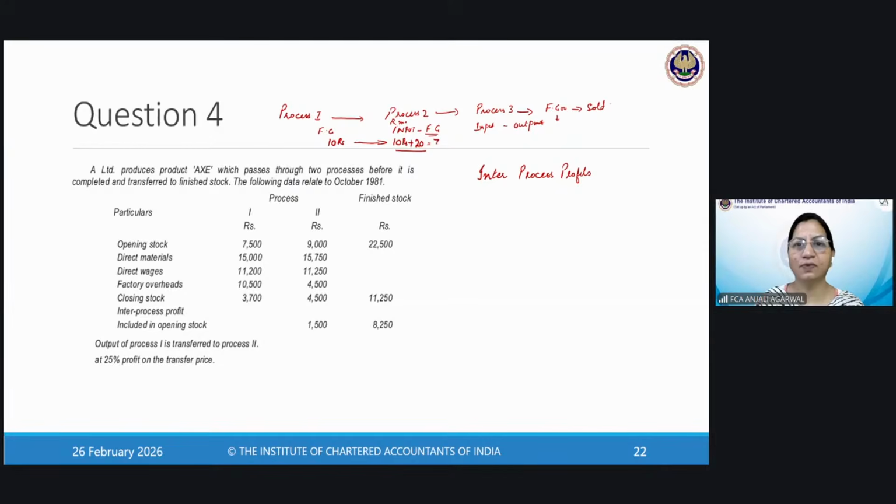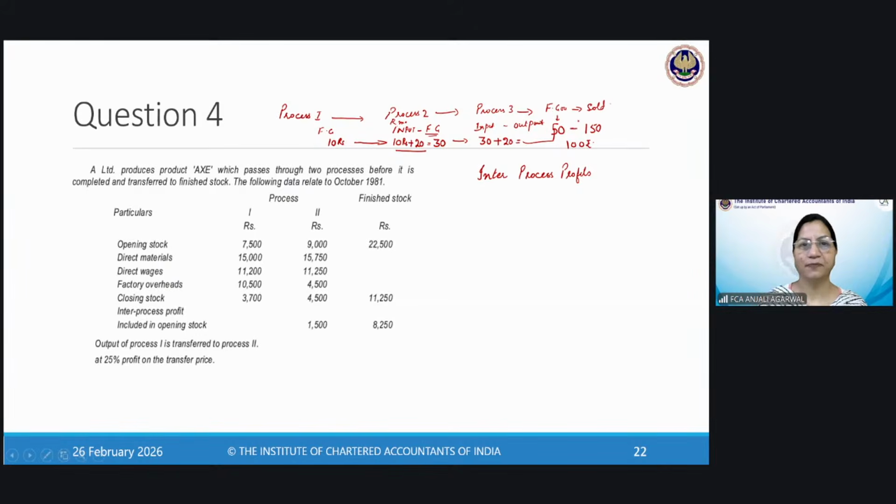So the total cost becomes 30, right? Now this 30 goes to process 3, and then process 3 also incurs another 20 from its own pocket. So the total cost of finished goods comes out to be 50 rupees. And let's say this is sold in the market for 150. So we say that the profit is 100 rupees.